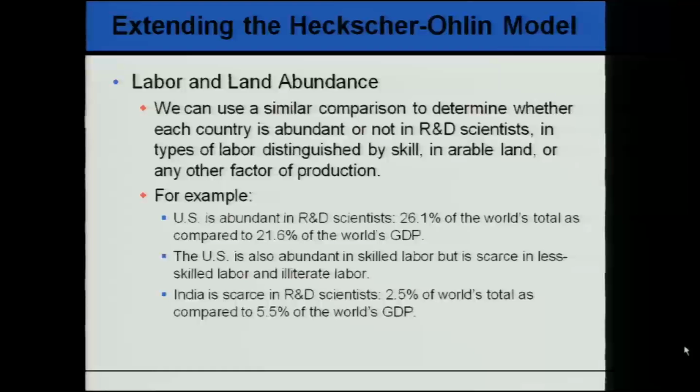For example, US is abundant in R&D scientists. US is also abundant in skilled labor, but it is scarce in less skilled labor and illiterate labor. India is scarce in R&D scientists because 2.5% of the world total, its share is lower than its GDP share, which is 5.5%.